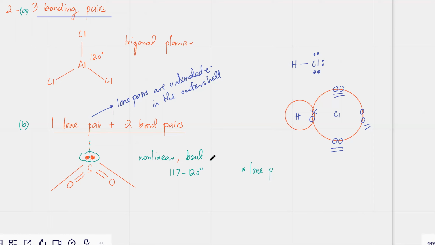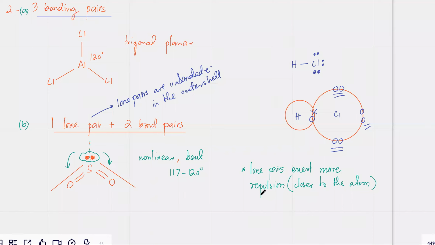So it's a non-linear shape, bent, and lone pairs exert more repulsion. Why? Because they are closer to the atom.